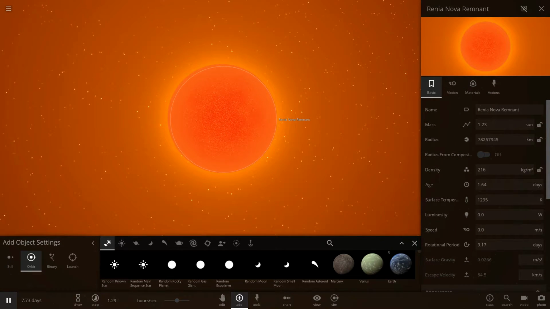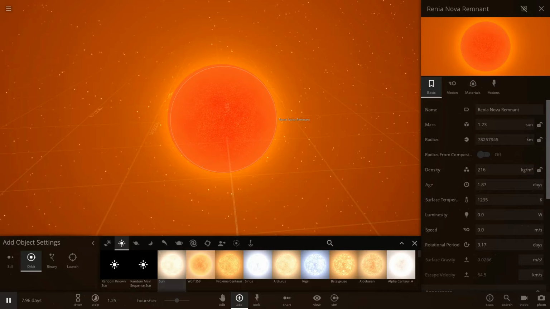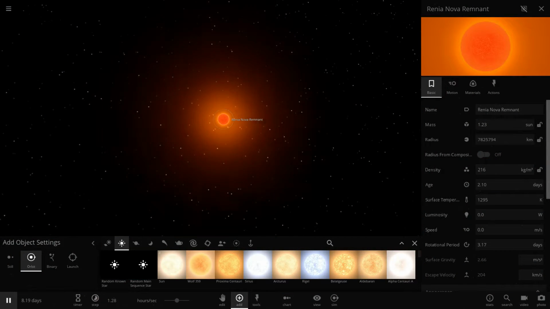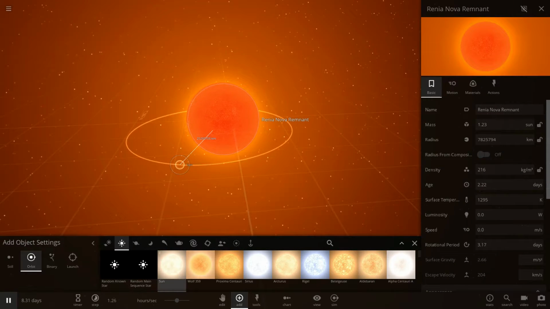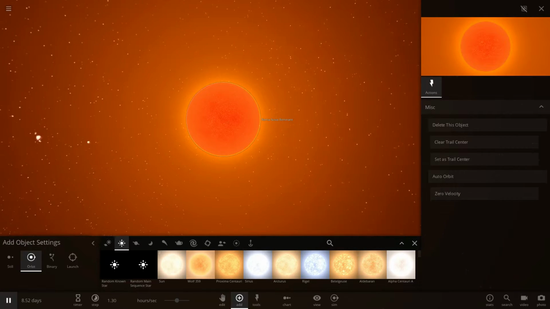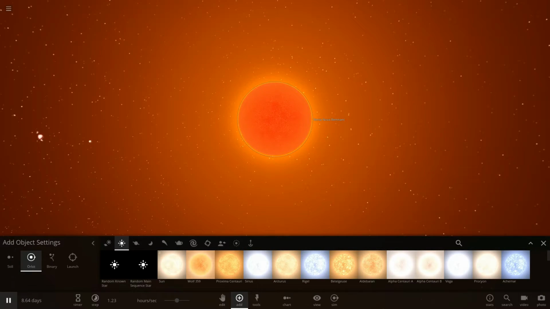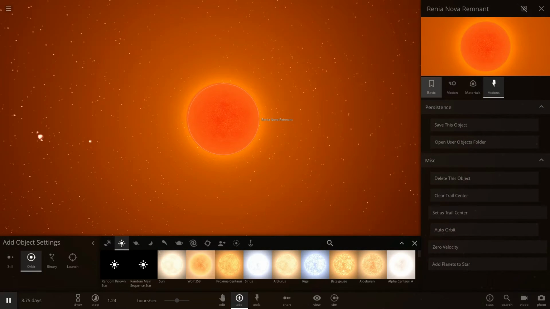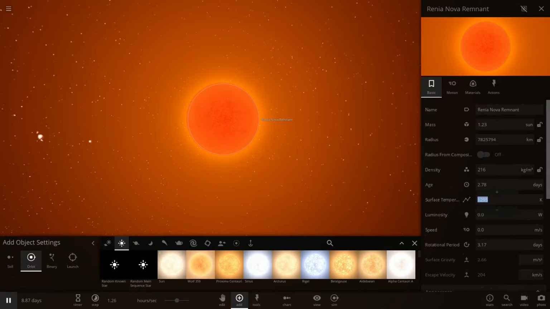Okay, that's pretty big. So we leave it as that. How big is that compared to the sun? Don't want to know. That's too big. How big is that now? Okay, get rid of that.